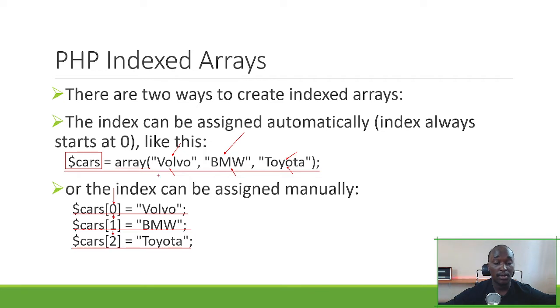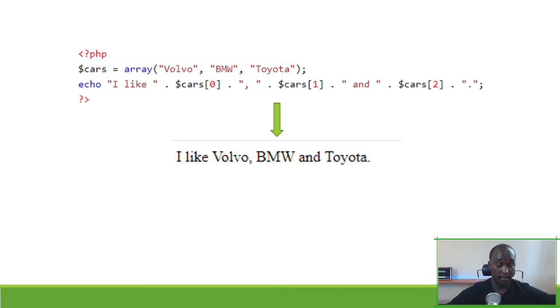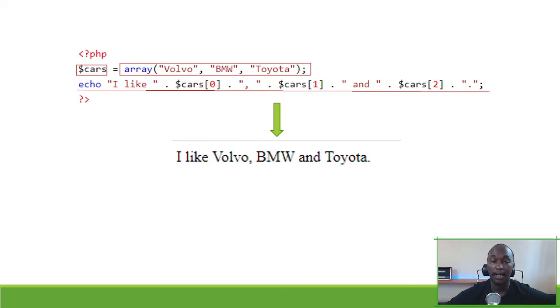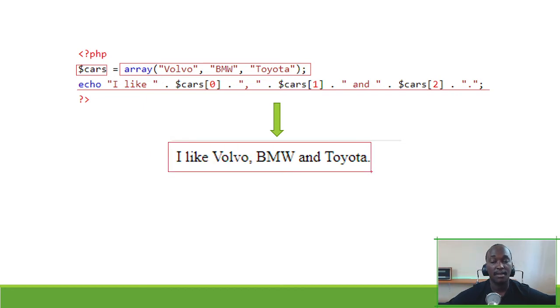You can do it in one of these ways. This is just an example. Then we can print with echo "I like", and that's going to print out this.